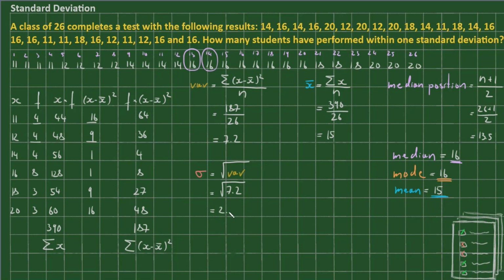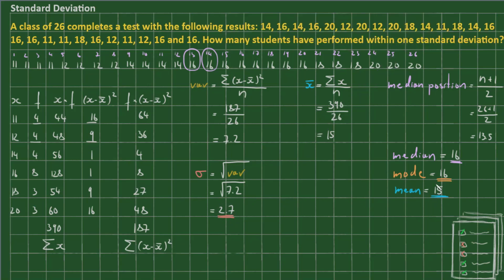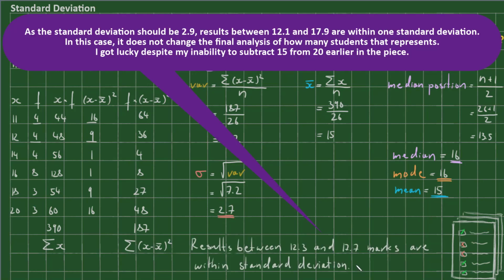deviation of 2.7. This means that all the results that are within 2.7 marks of the mean, which is 15, will fall within one standard deviation. In other words, results between 12.3 marks and 17.7 marks will be within one standard deviation. How many students does that actually represent?